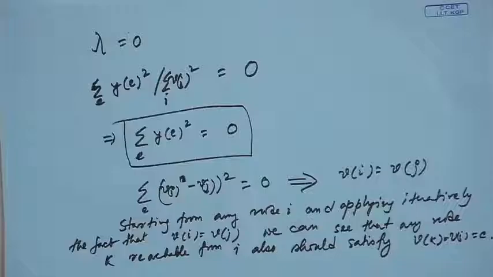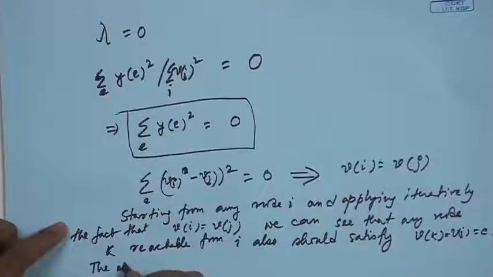Since Vi minus Vj whole square is equal to 0, applying this property iteratively, Vi is equal to Vj, Vj is equal to Vk, Vk is equal to Vm, and so on and so forth up to a point. So, on a connected component, everything that is reachable from i will have a similar eigenvector entry.